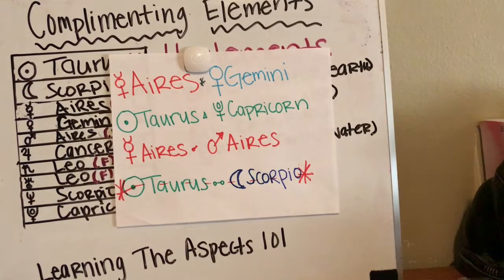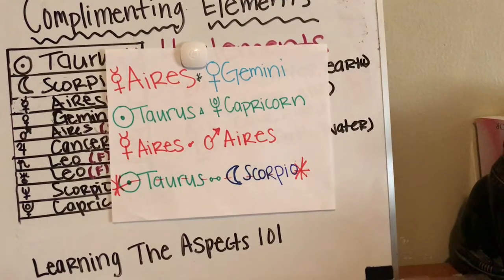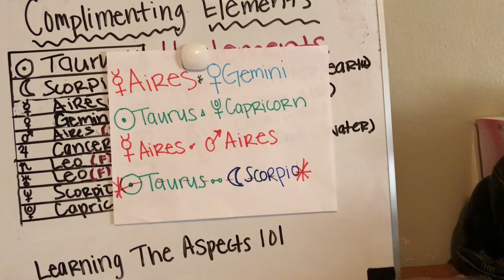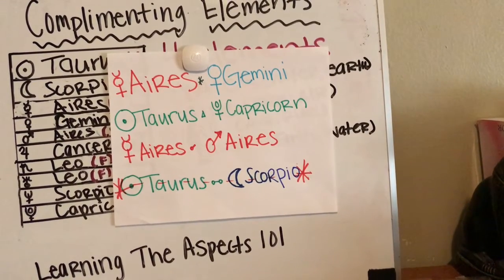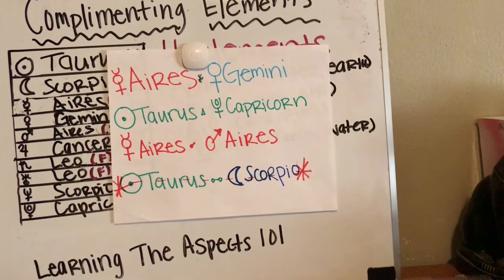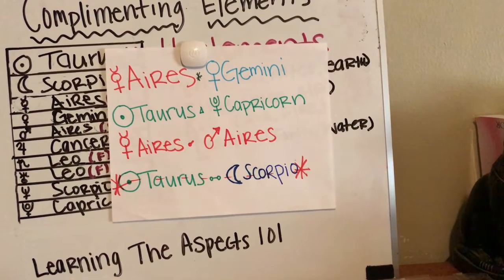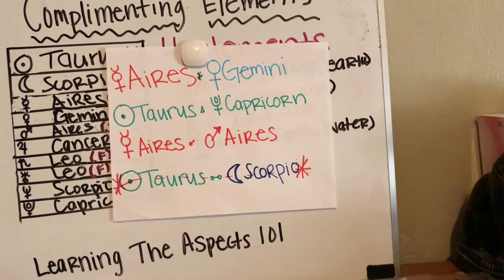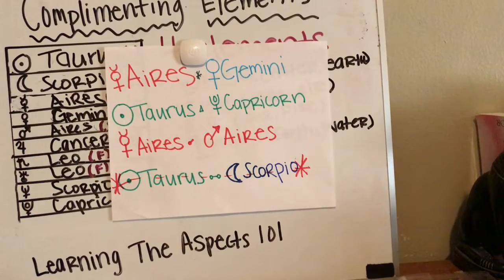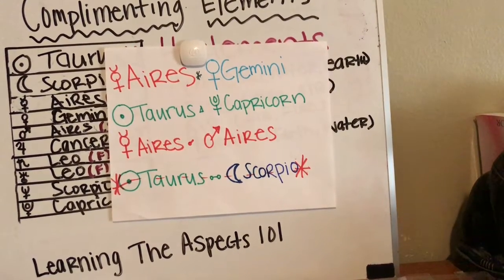So the paper in front of you is showing you what planets are in potential communication within our imaginary natal chart. So we have the fire element, Aries, which the Mercury is placed in, is in a potential relationship with Venus that is placed in Gemini, which is an air sign.